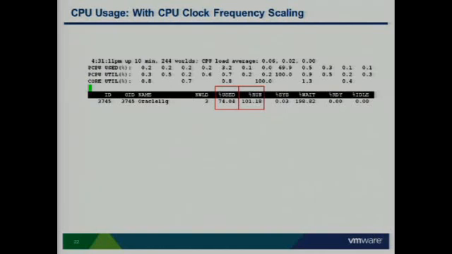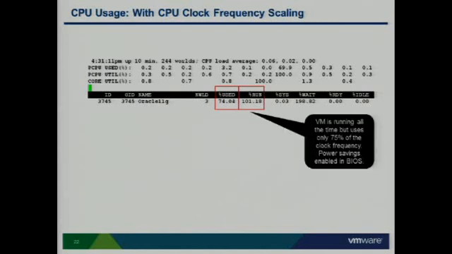There's a difference between the run time and the use time. If you remember, run time is the time that you spend occupying the CPU. So you are occupying the CPU all the time, but your usage was only 74%. So what's going on in this case? In this case, the VM is using only 75% of the clock frequency, and the reason was that I enabled power savings in the BIOS.